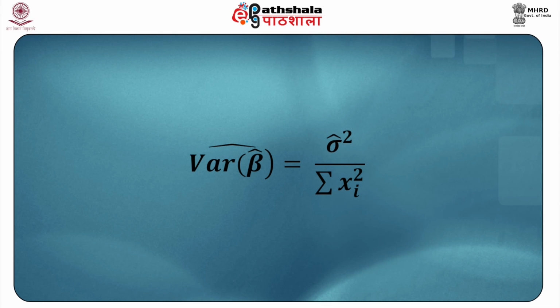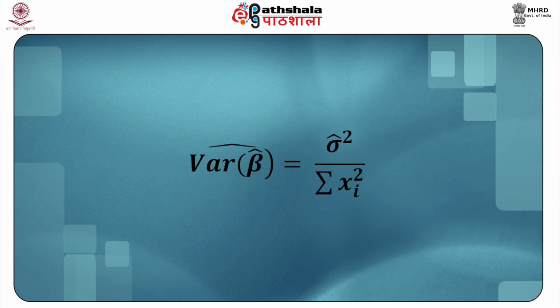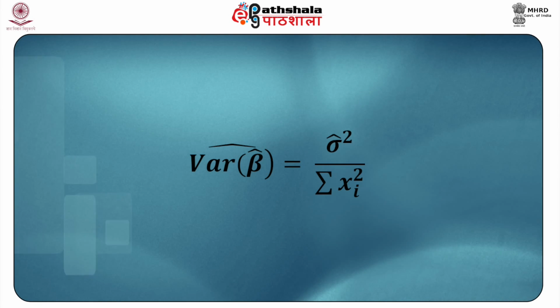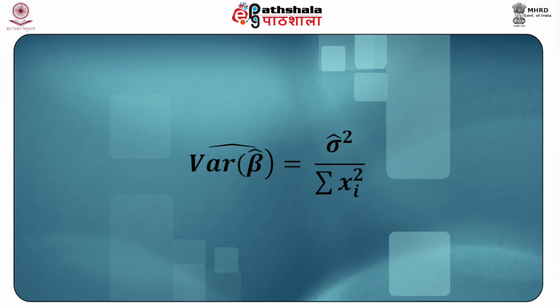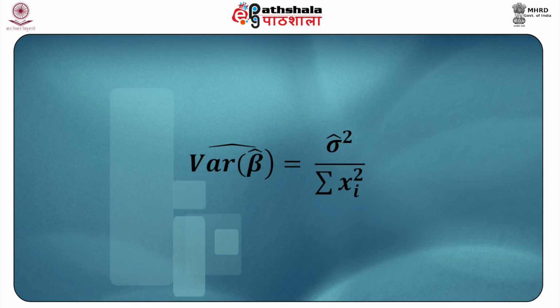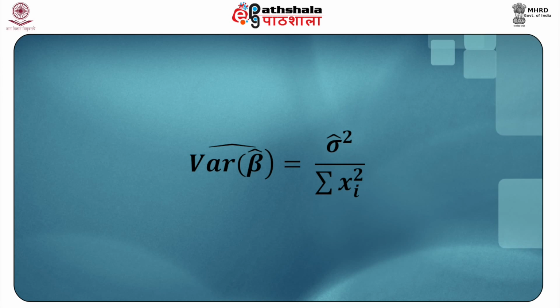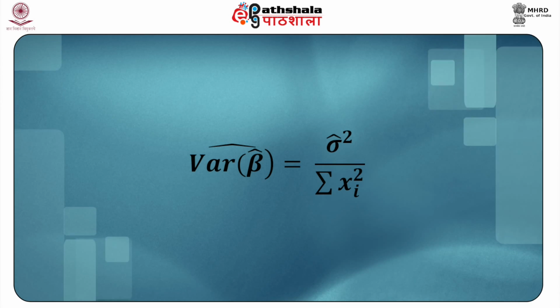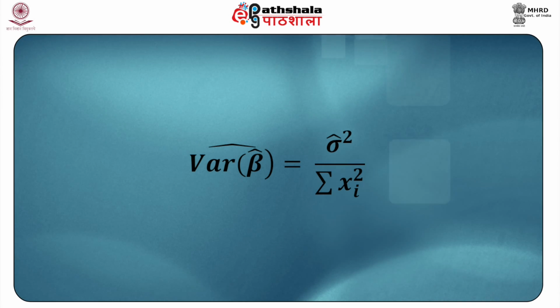The OLS procedure that ignores heteroscedasticity gives an estimate of the variance of beta hat as sigma hat square upon sigma xi square.